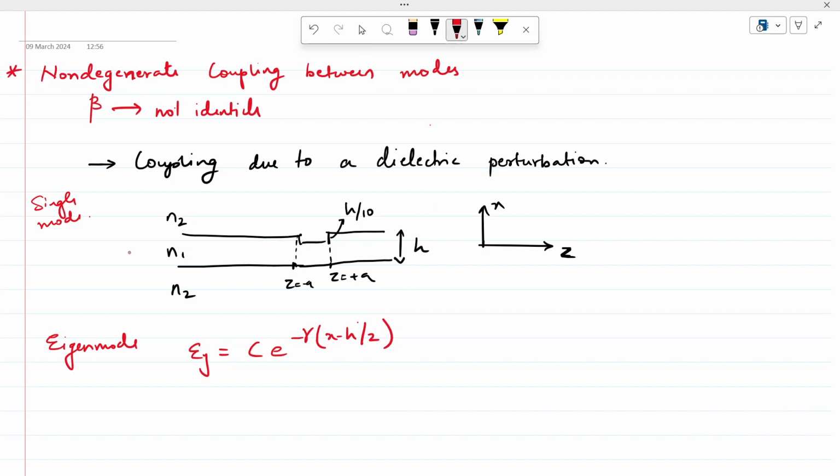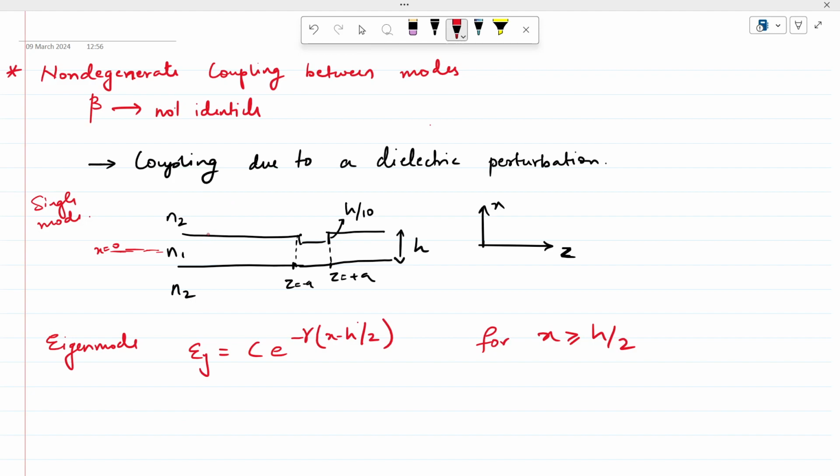I am taking x equal to 0 at the center of the waveguide. This will be for all x greater than or equal to h by 2. That's why we are using x minus h by 2, because it should start decaying from this point onwards.